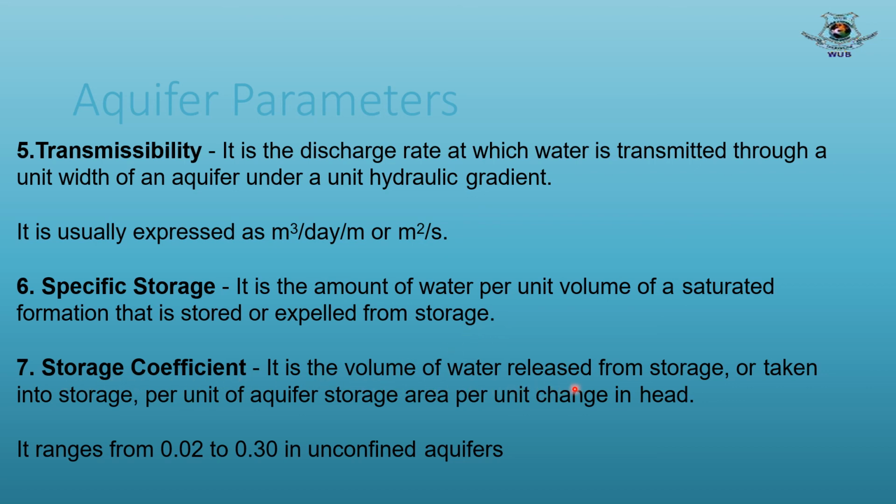It is the volume of water released from storage or taken into storage per unit of aquifer storage area per unit change in head. In another way, it is the volume of water released relative to the original storage volume. It is dimensionless and ranges from 0.02 to 0.30 in unconfined aquifers.